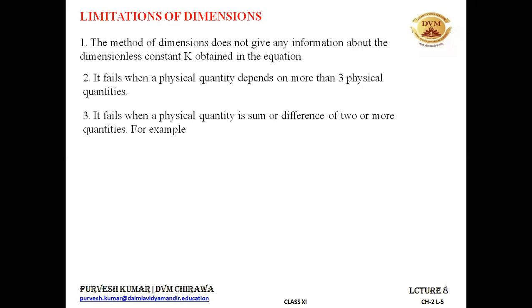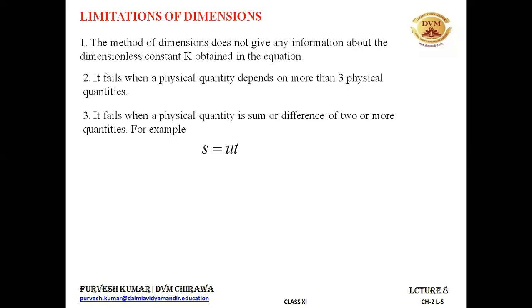Also, it fails when a physical quantity is the sum or difference of two or more quantities. It may be possible that one quantity is obtained by summing two other quantities or by taking the difference of two other quantities. But when such a thing happens, we will not be able to find the formula for that quantity using the method of dimensions.